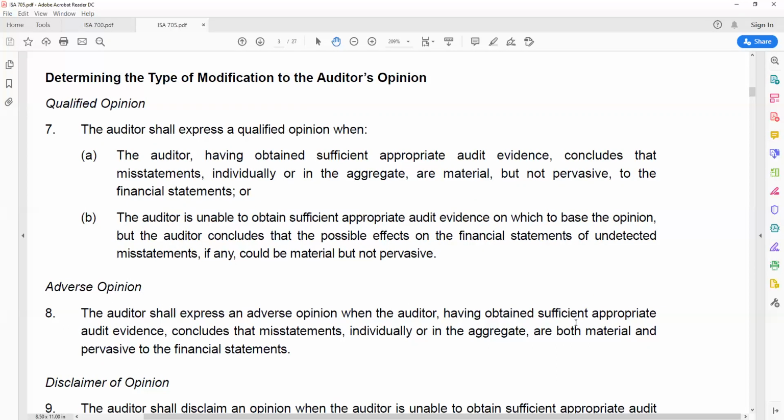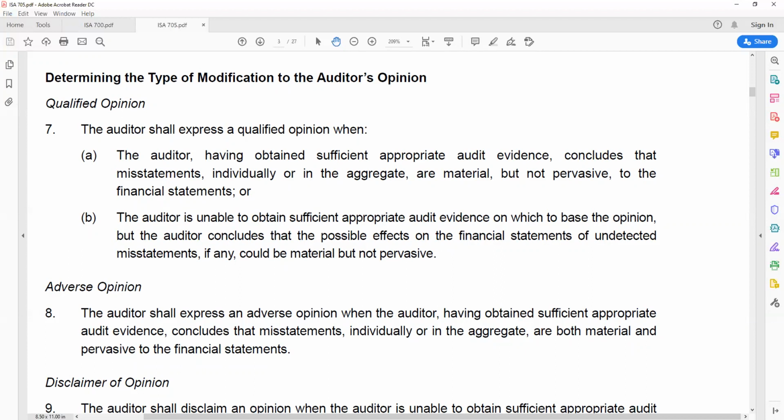In that case, you issue the qualified opinion. They have just mentioned that the misstatement could be as a result of the disagreement of matter, material but not pervasive. That is part A, that is 7A, the qualified opinion with the phrase 'except for'.